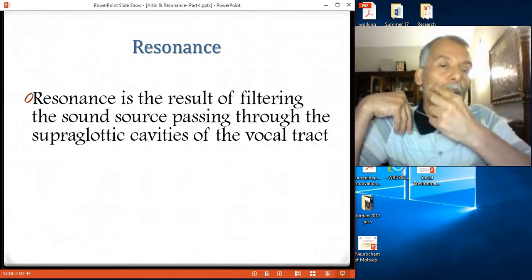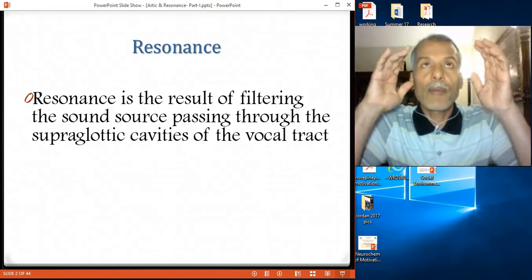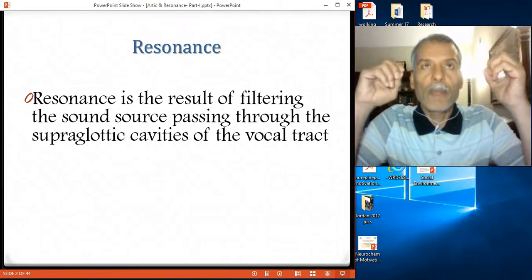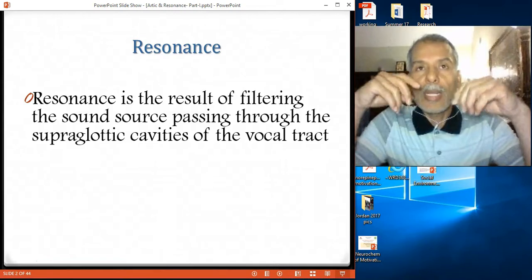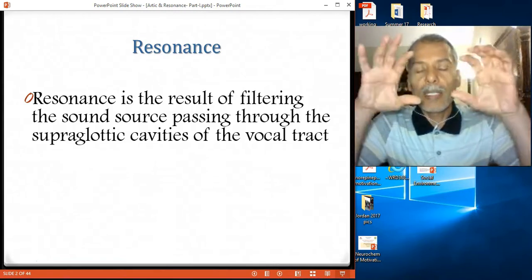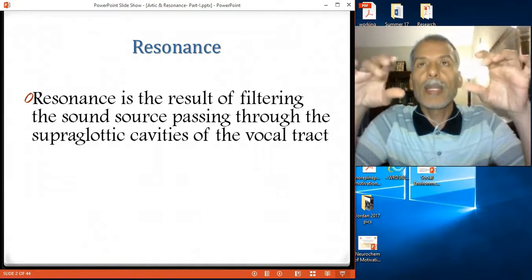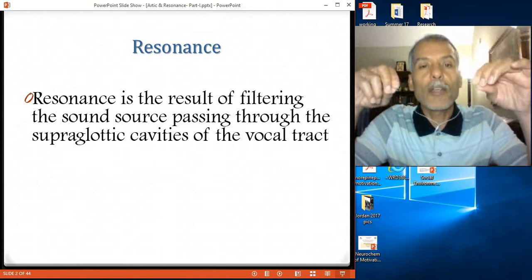So all of this area acts as a one quarter wave resonator that is a broadband resonator, and it selectively takes out the even frequencies and leaves in the odd frequencies.